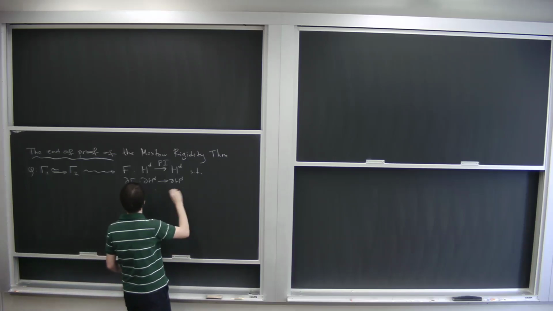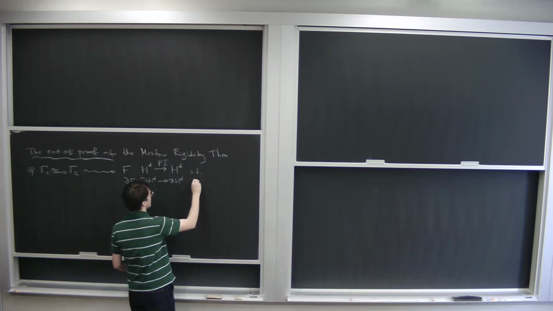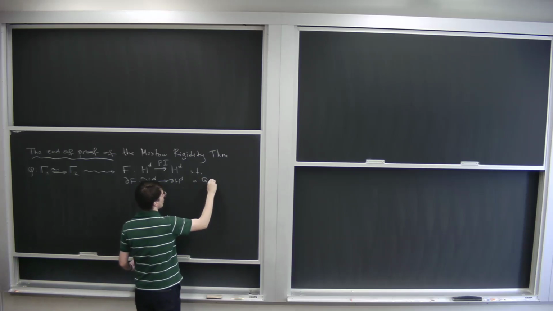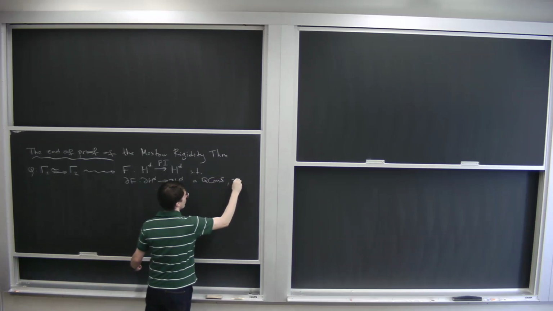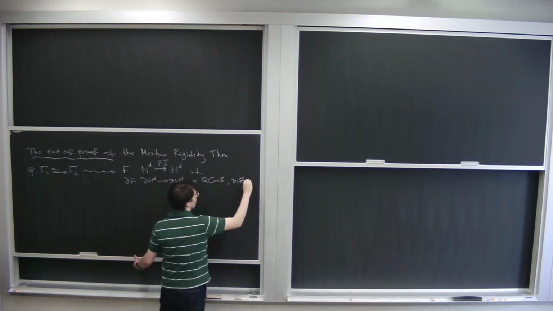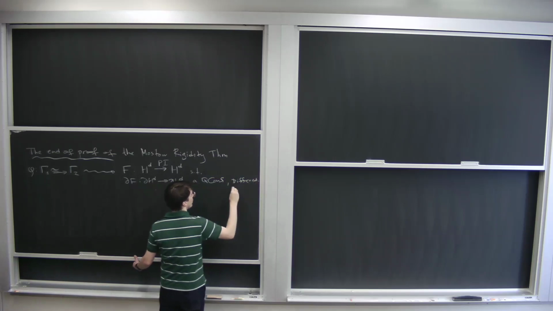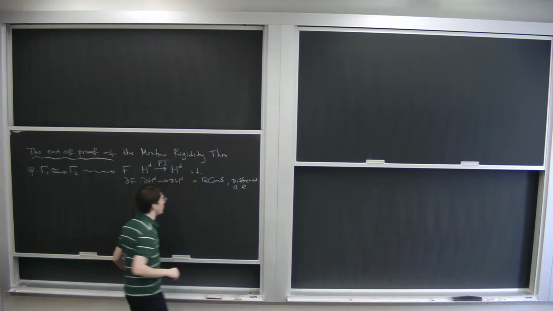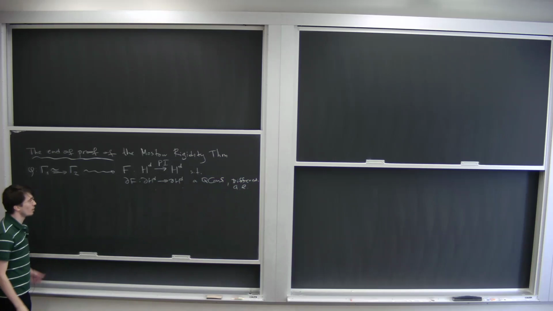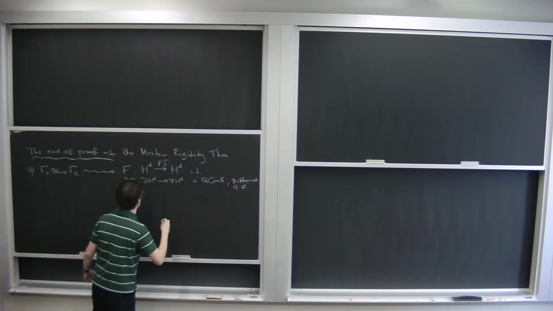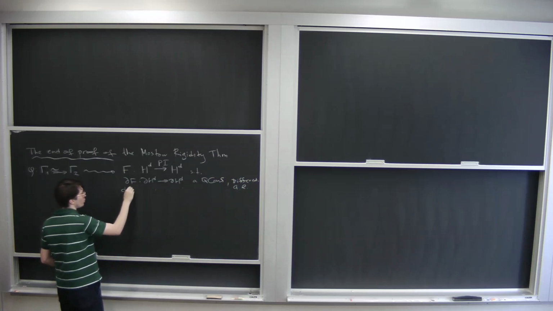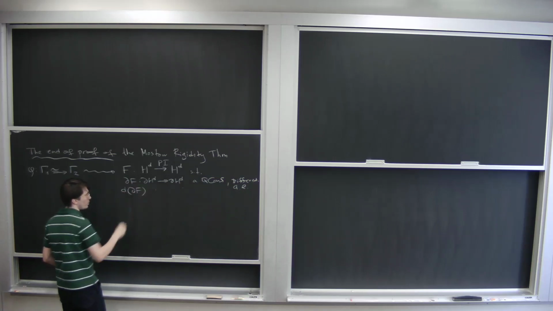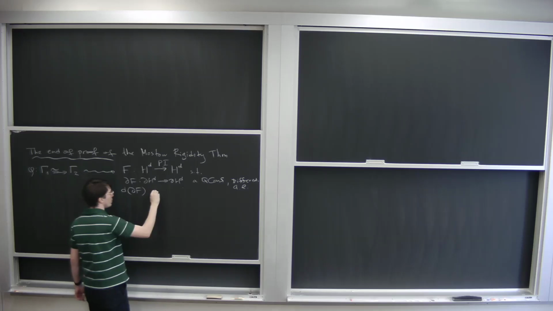So this is quasi-conformal, differentiable almost everywhere, right? And this implies that the differential of this boundary map is also quasi-conformal.